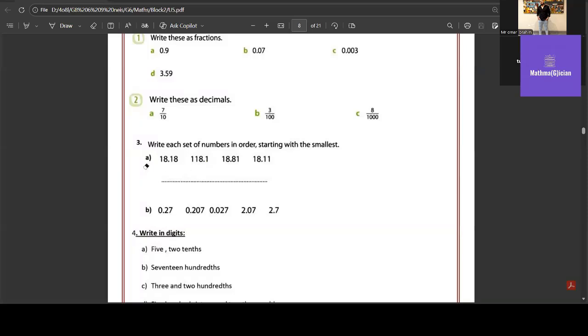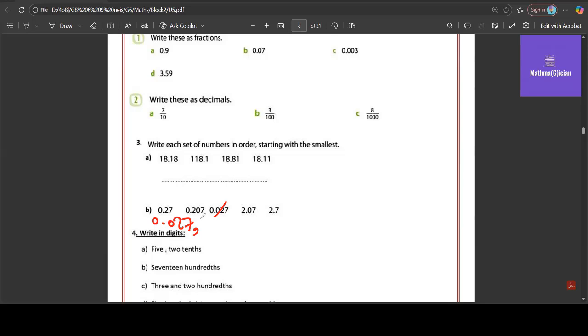Yes. Okay, the least number is 0.027. Like this is the smallest. Then what do you think? The least.